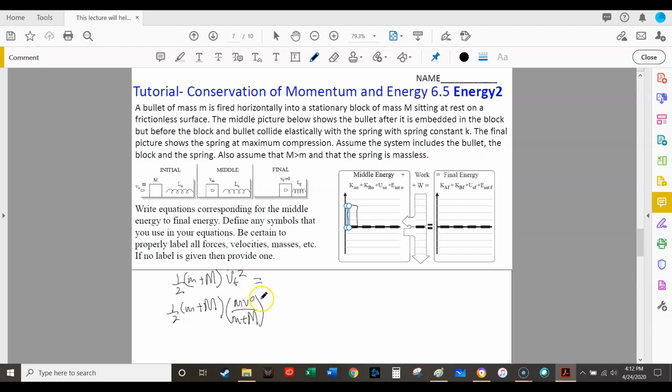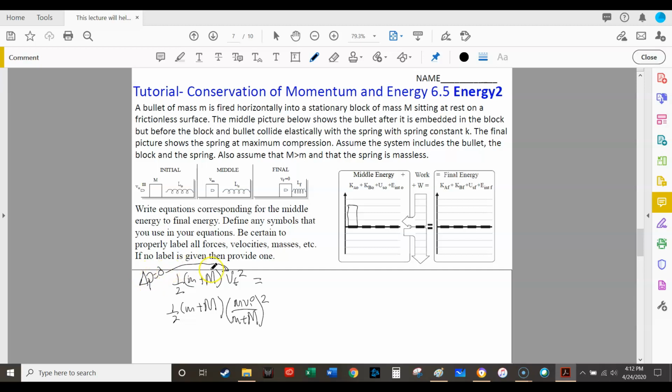We know that is a reliable final velocity, because momentum is always conserved.